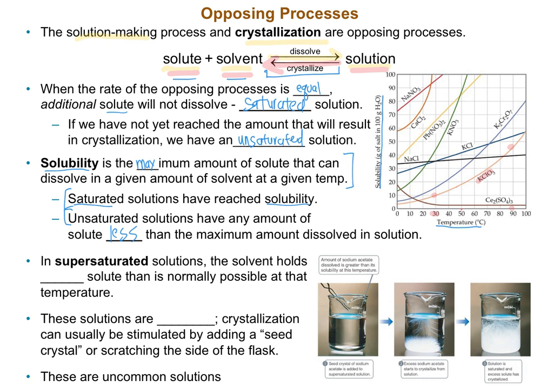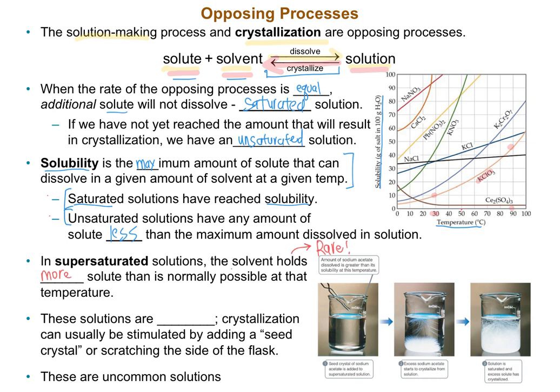All right. So there's one more case, and I want to really lean into the fact that this is very rare. To start off, most often you'll see saturated and unsaturated solutions. The third type is called the supersaturated solution, and this is one where the solvent holds more solute than it can at that temperature.